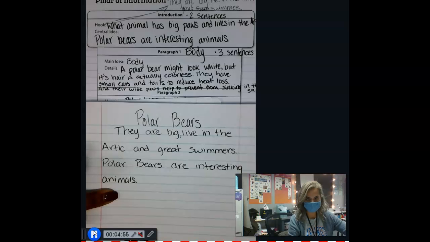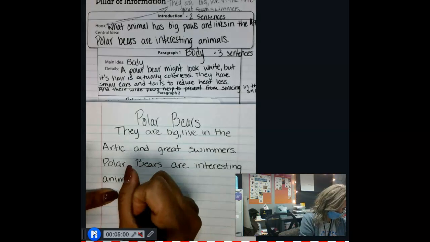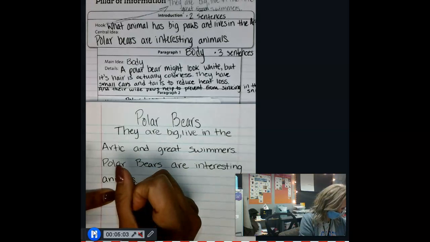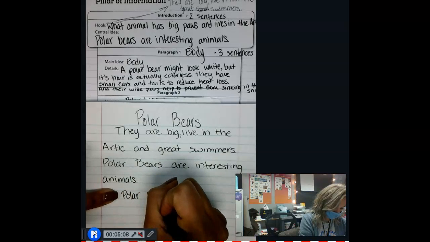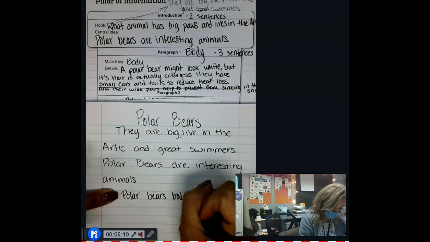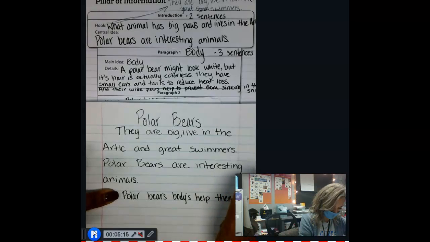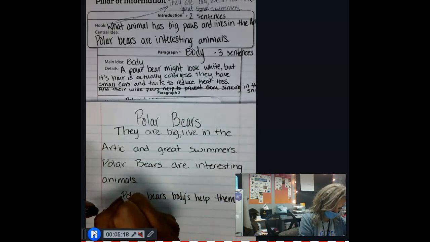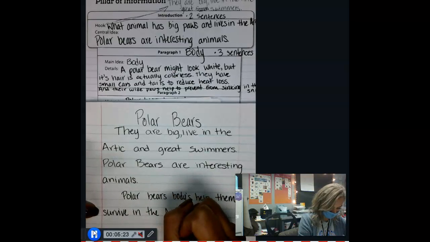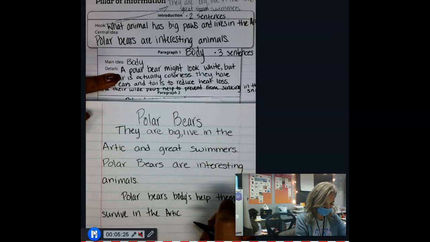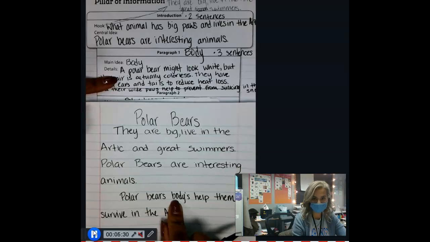So I can say, polar bear's bodies help them survive in the Arctic. And then I just introduced my main idea, which is the polar bear's body.